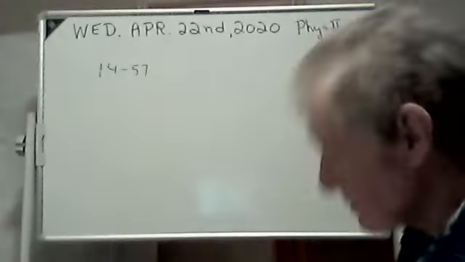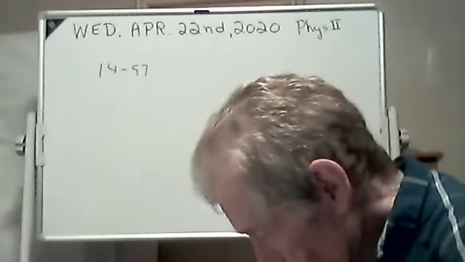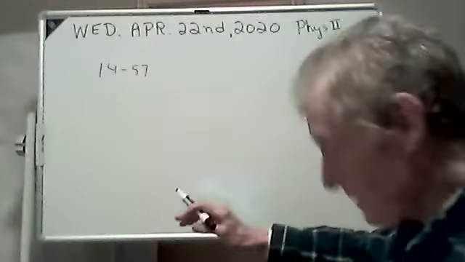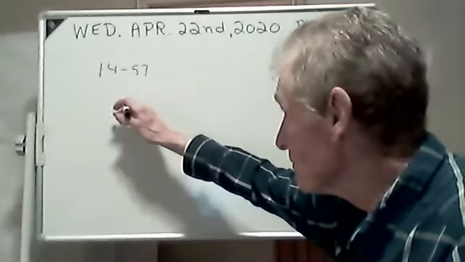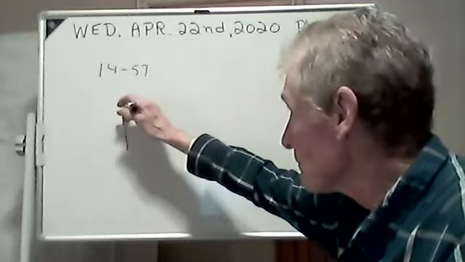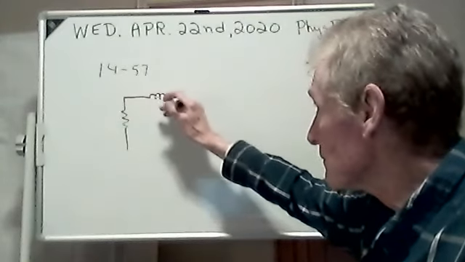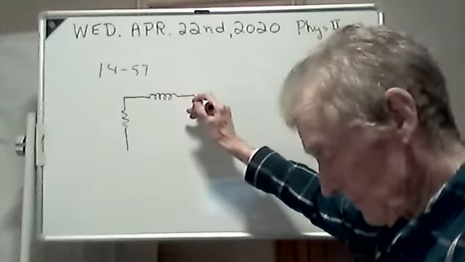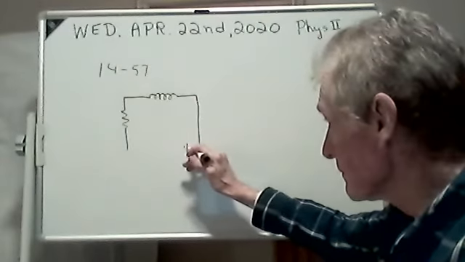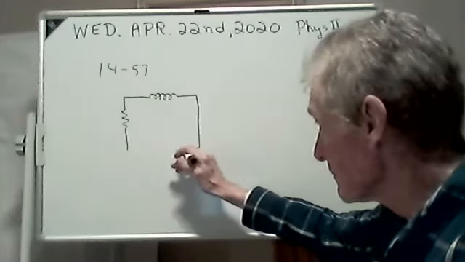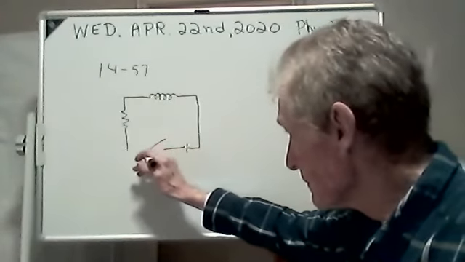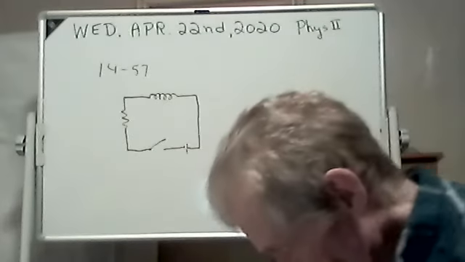Okay, we're looking at 1457. The current in the RL circuit reaches half its maximum value, blah, blah, blah. Let me draw it here. Okay, now there's our circuit.